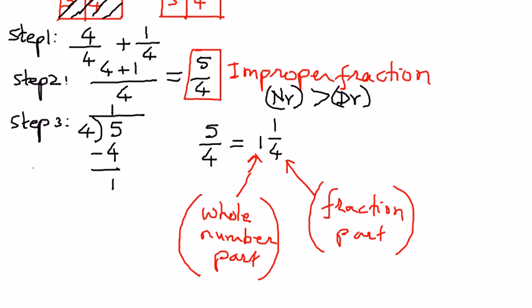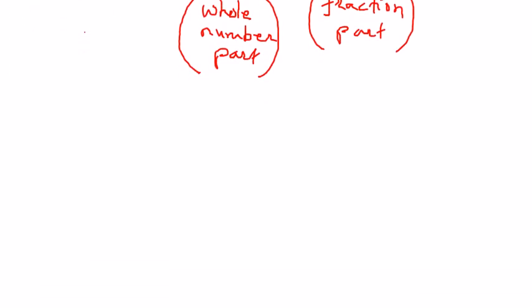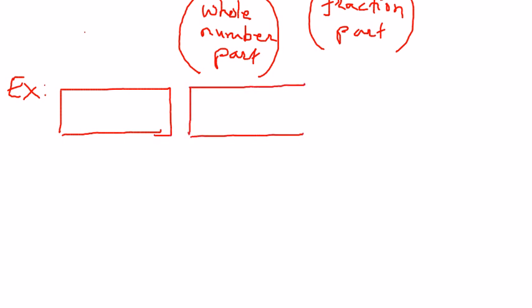Okay. Let us take another example to illustrate this point. In this example, I'm going to take 3 blocks like this. There are 3 rectangles like this. One rectangle. This is the second rectangle.